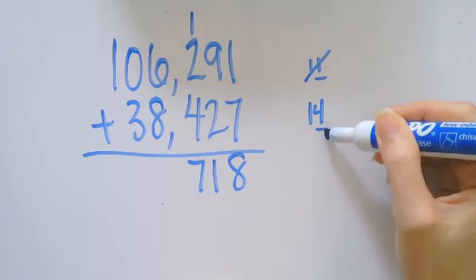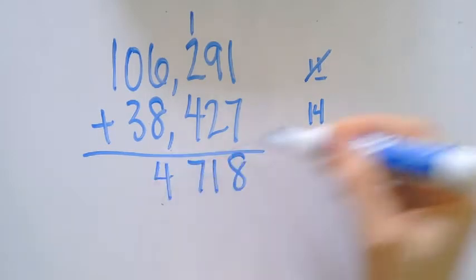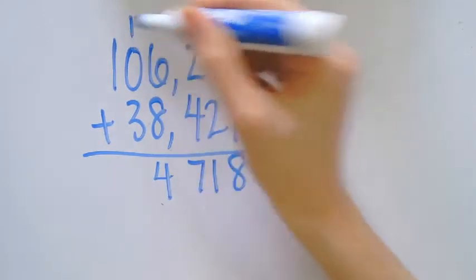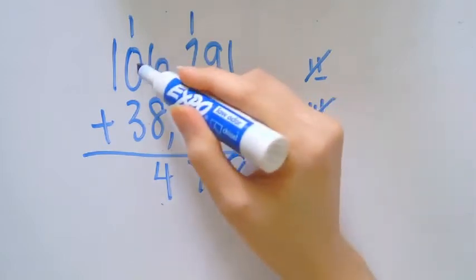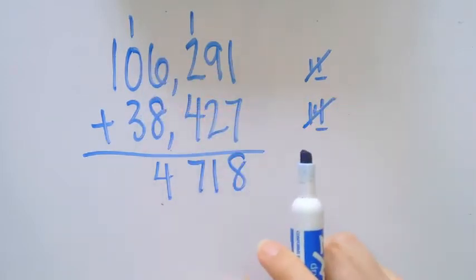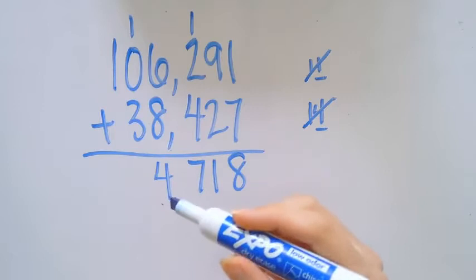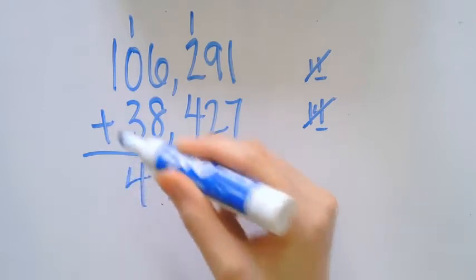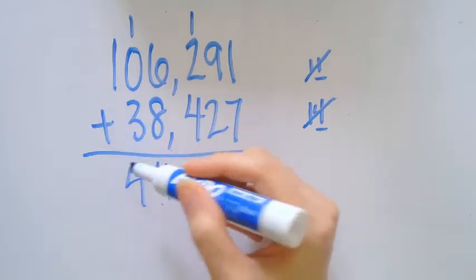The 4 is in the ones place. 4 goes here. The 1 goes and gets carried into the next place value. 0 plus 3 is 3, plus 1 is 4. Bring down my 1 because there's nothing to add.